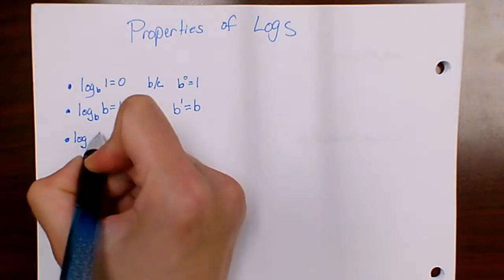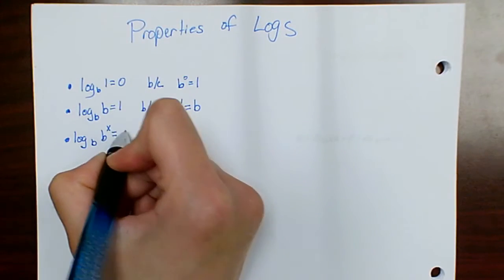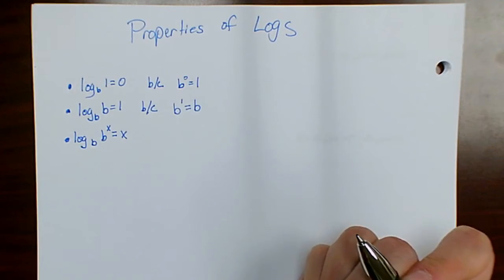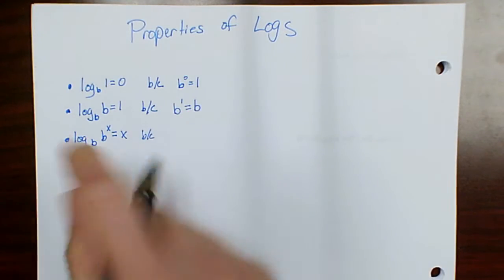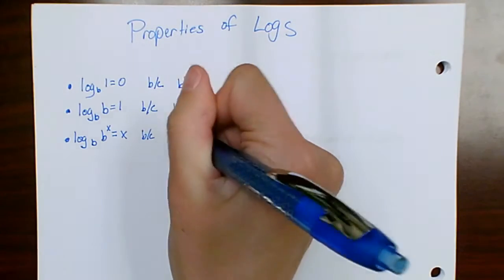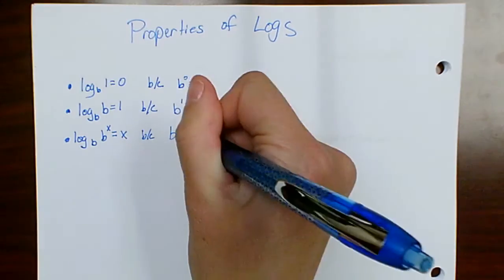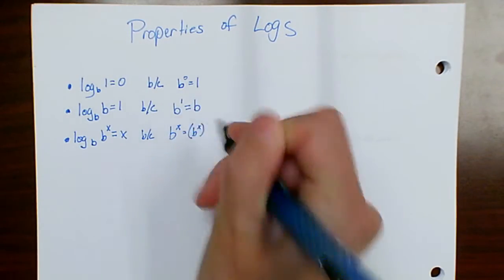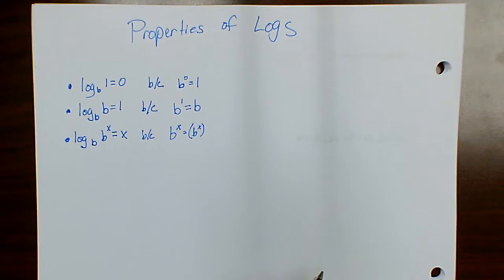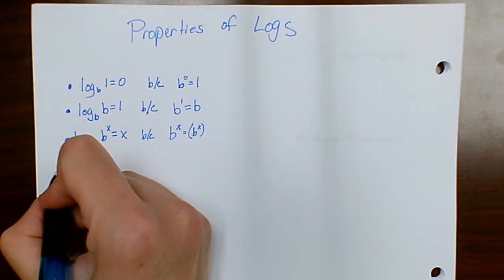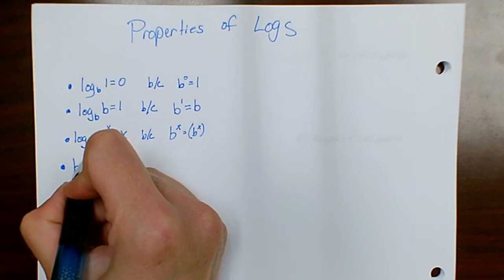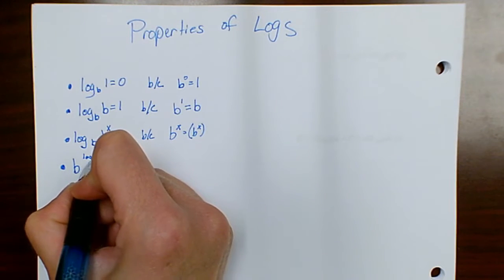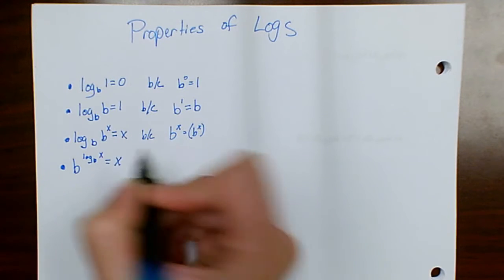Log base b of b to the x equals x. The reason being is if we convert this over to exponents, base b come over to x equals that b to the x power. And then we will have b to the log base b of x, that equals x too.